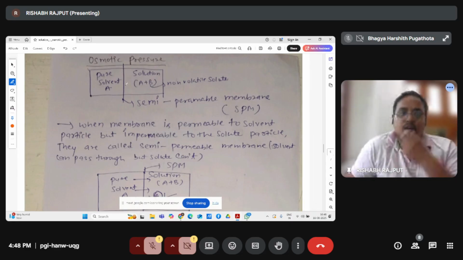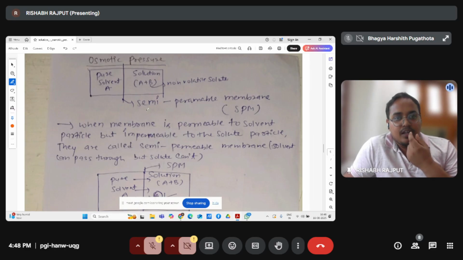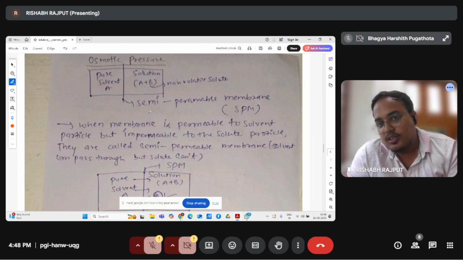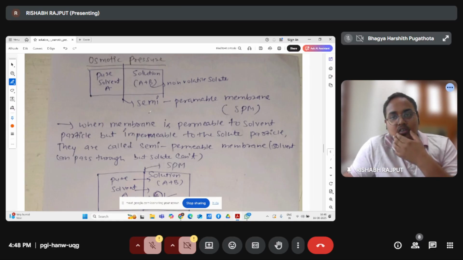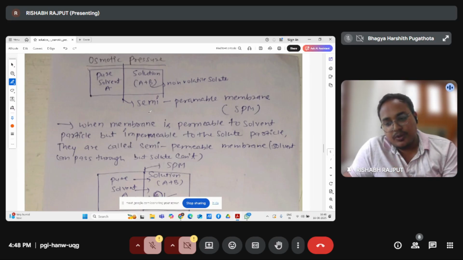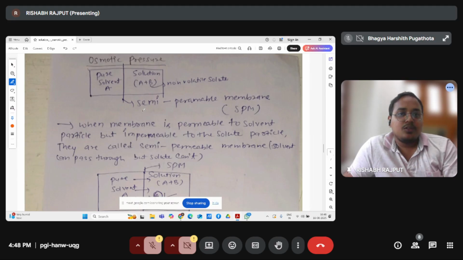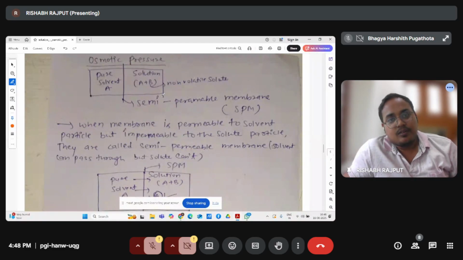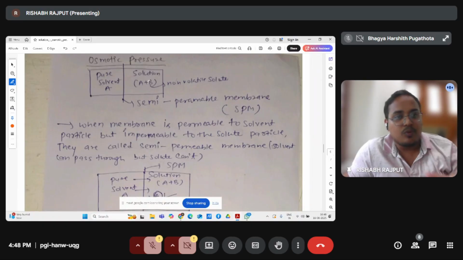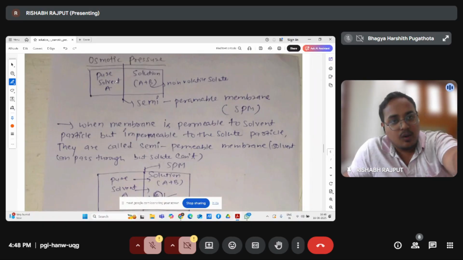And you understand why I'm mentioning a semi-permeable membrane. It is semi because this filter allows only one component of the solution to pass. In this case, it allows only solvent particles to move, not solid particles. So in the solution, solid particles do not move; only pure solvent particles are moving.